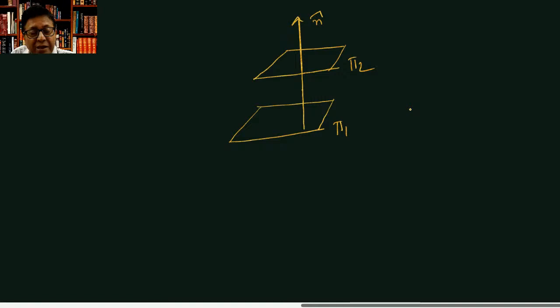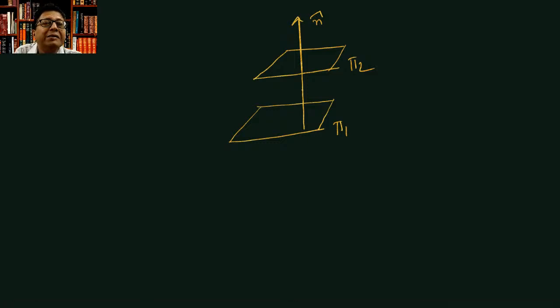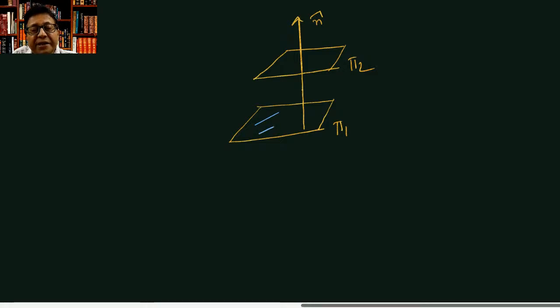They may be parallel. What is the concept of parallel lines here in 3 dimensions? You cannot define it in space. If you want to define 2 parallel lines, they must lie in the same plane. Then only you can say parallel.